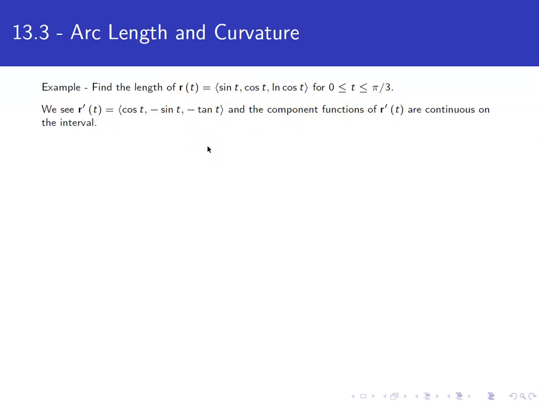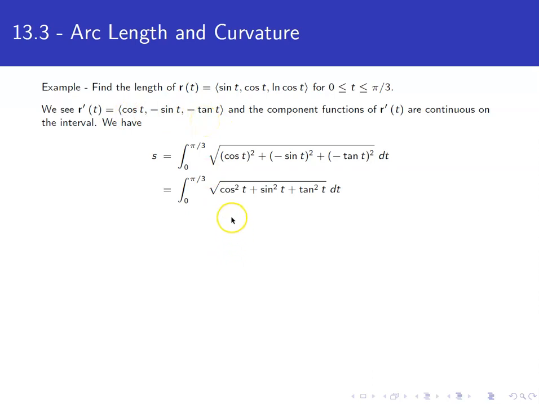On the interval from 0 to pi over 3, those three component functions are continuous, so we can apply the arc length formula that we just mentioned on the previous slide. We'll do the integral from 0 to pi over 3 of the square root of the squares of each of the components of the derivative. So we get cosine squared plus sine squared plus tangent squared.